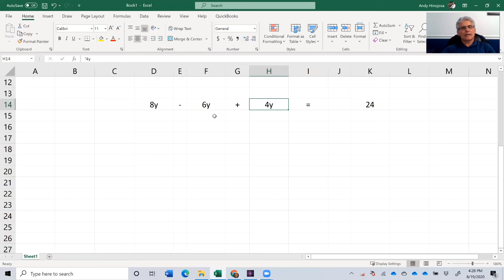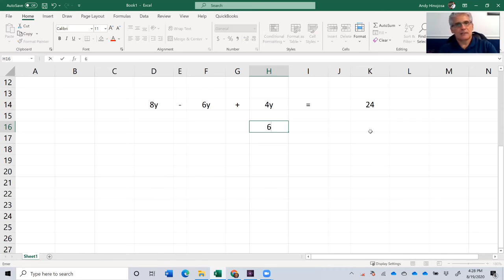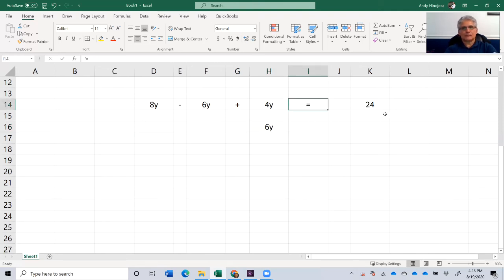So if we combine these terms, 8y minus 6y plus 4y, that will give us 6y. So we end up with 6y equals 24.